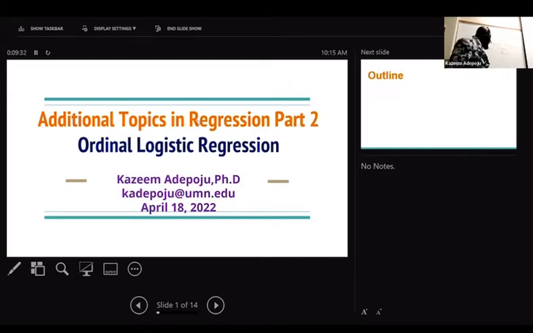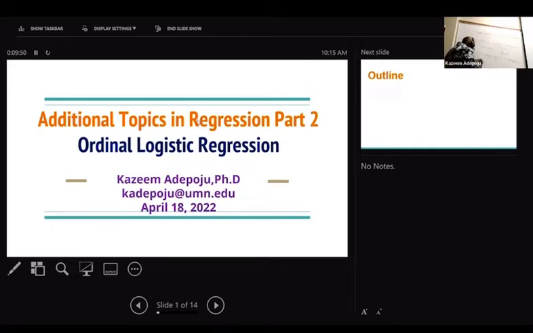This is what we call a binary logistic regression model. Now another one is ordinal logistic. The ordinal logistic is what I want to walk you through today. I'm still going to talk about that.